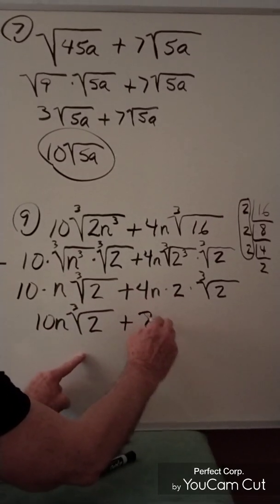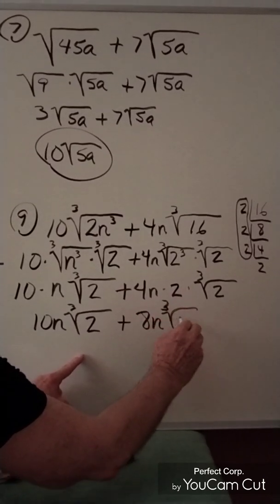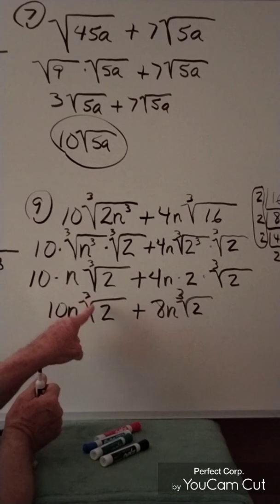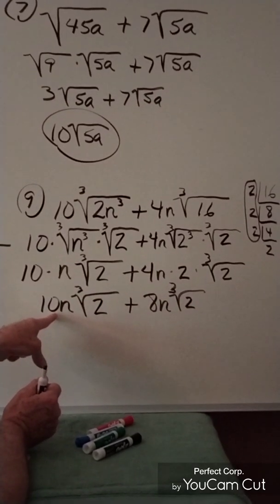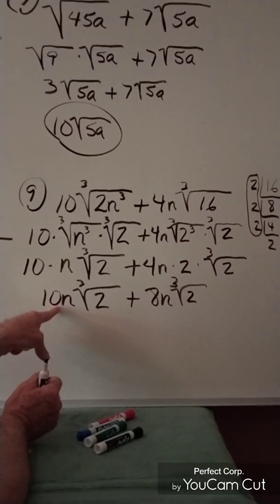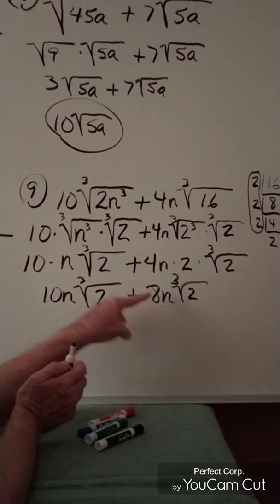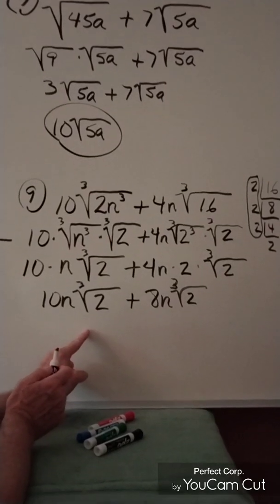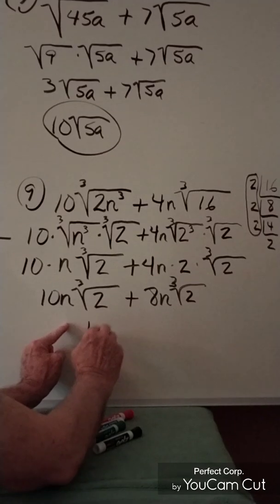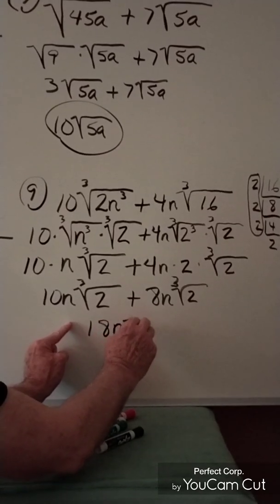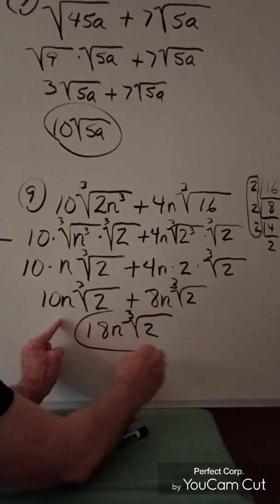Positive 8n cubed root 2. They're like, take this variable portion of term here, combine it with its friend here. They're both positive. Don't do crazy with those n's. It's combining like terms. It's 18n multiplied by the cubed root of 2. Finished.